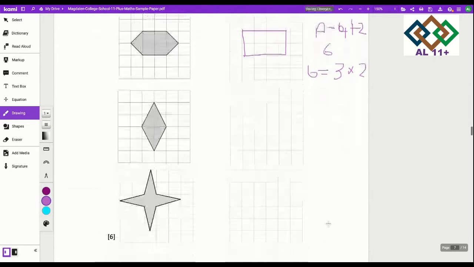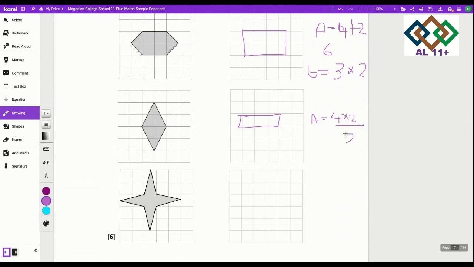And for the next one, it'll be like this. A equals 4 multiplied by 2 by 2. That's 4. And 4 equals 4 multiplied by 1.